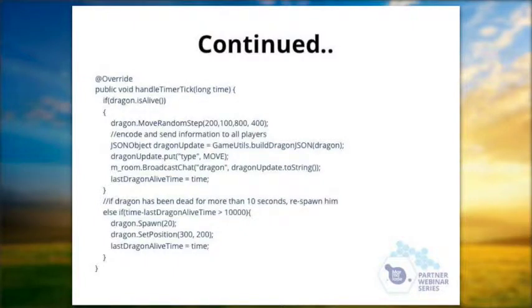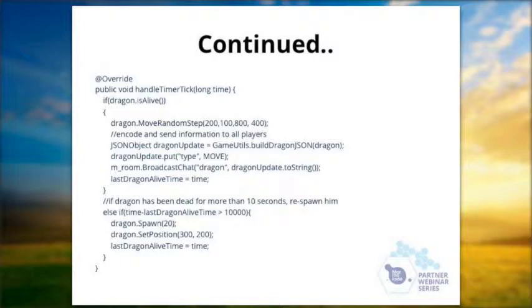So in every timer tick, what we do is we check if the dragon is alive or not. If it is, then we generate a random position for it to move and broadcast this update to all the clients in the room. Since we're doing it in JSON, we build a simple JSON object, and then convert it into a string and send it out.